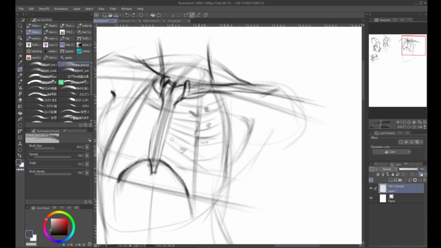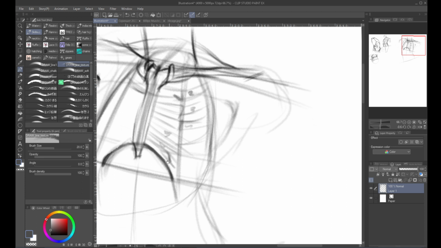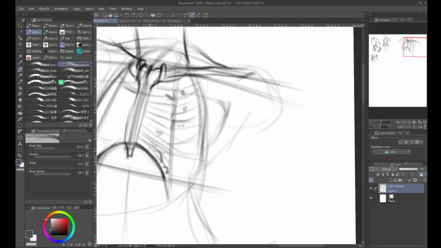I will make them really sketchy, just in order to be able to rely on them when we're drawing. Also, 6 and 7s and 8s, they are all connected together.